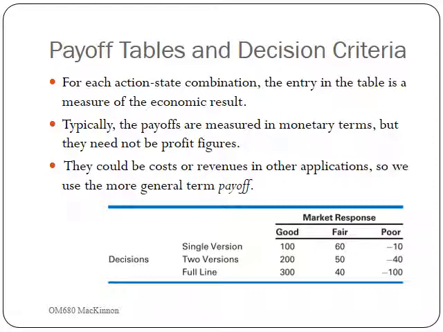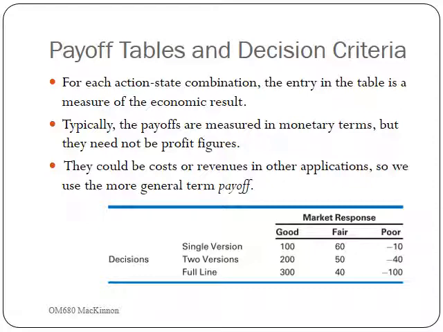Okay. And the example here is a toy company trying to decide whether to bring out a new toy. The question is, do they bring out a single version, two versions, or a full line of this toy? And the market can respond either good, fair, or poorly. They have estimated the payoff for each action and state.